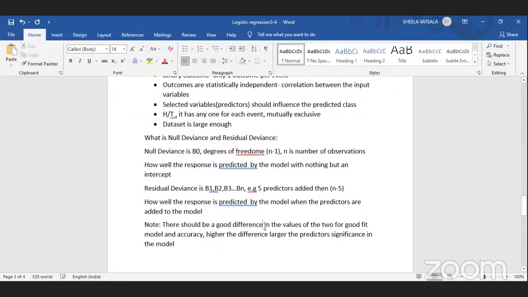Always, if there is not much difference between null deviance and residual deviance, that means our predictors are not significant, not influencing the variable.